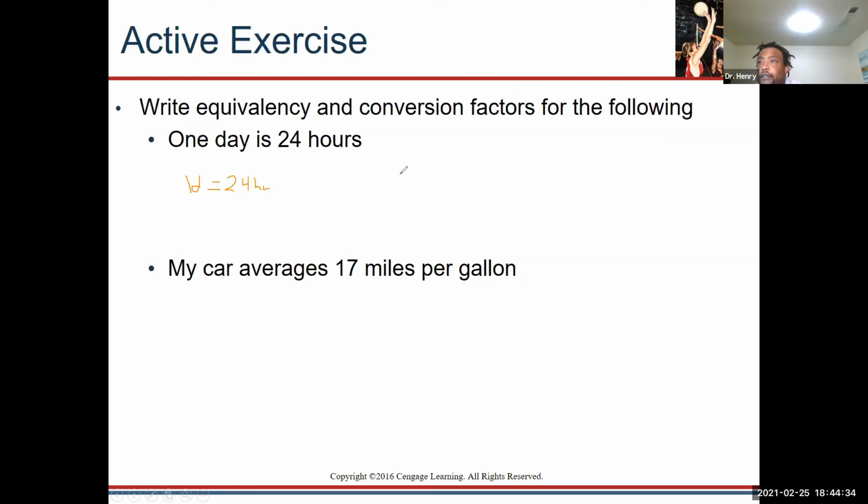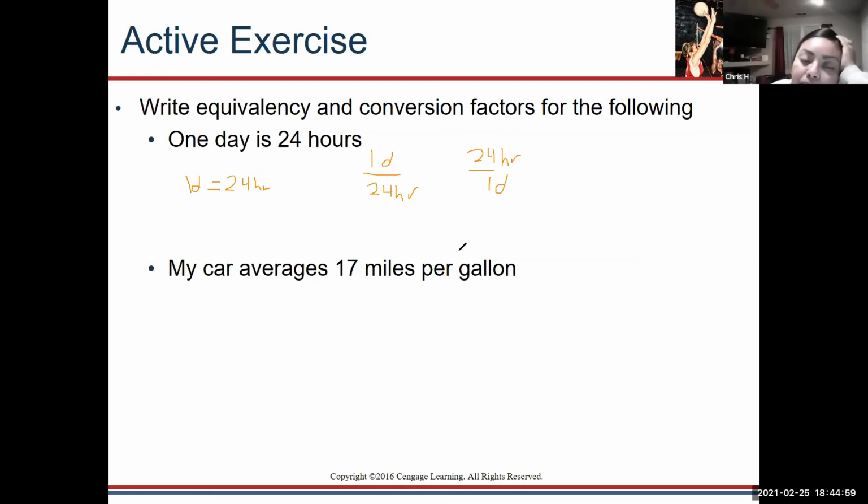Or you could say 1 day over 24 hours. Or you could say 24 hours over 1 day. Since they're an equivalency or conversion factor, we can flip them, putting one on top of the other.